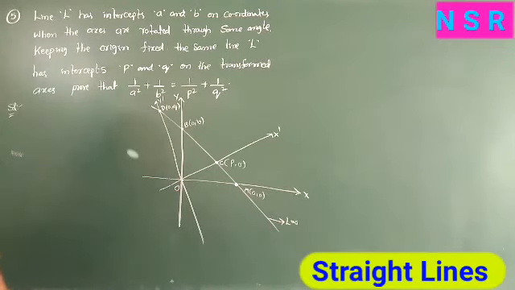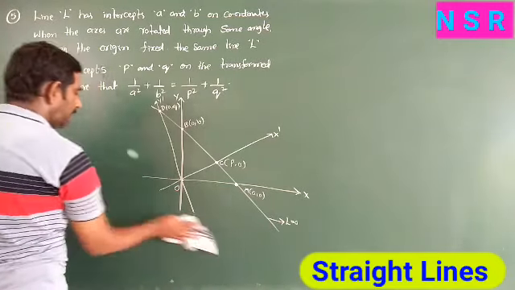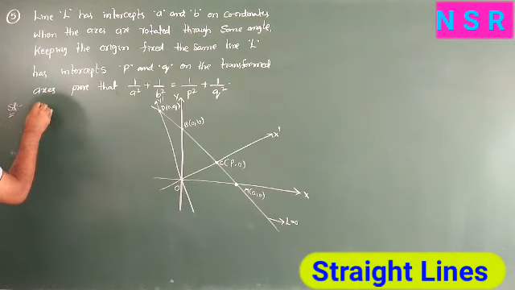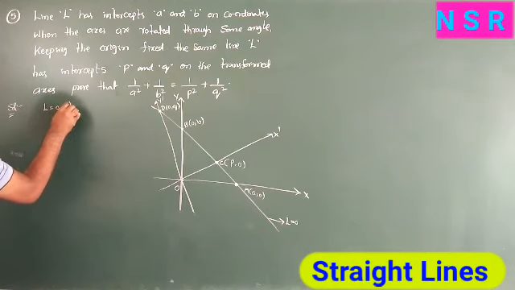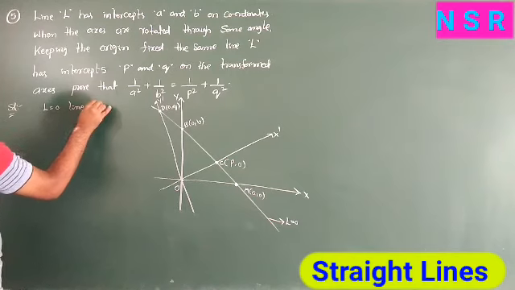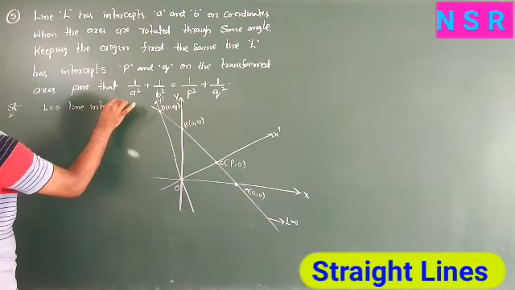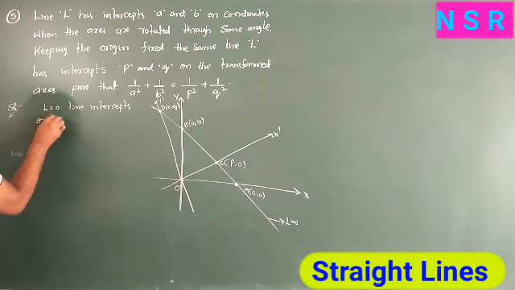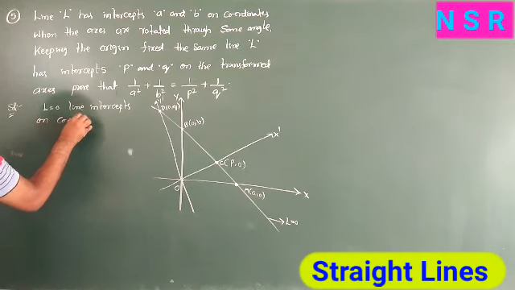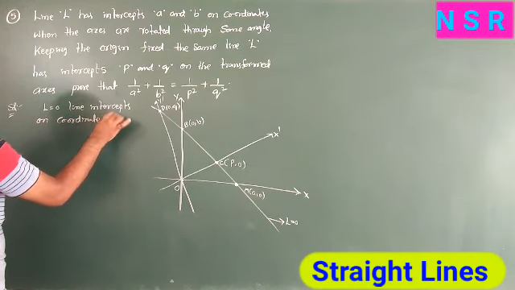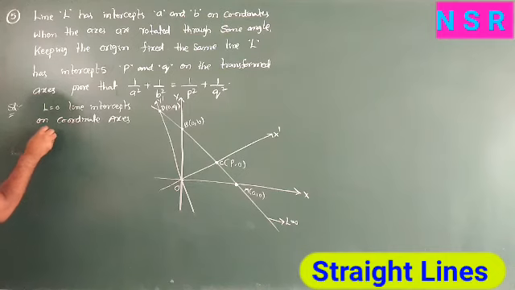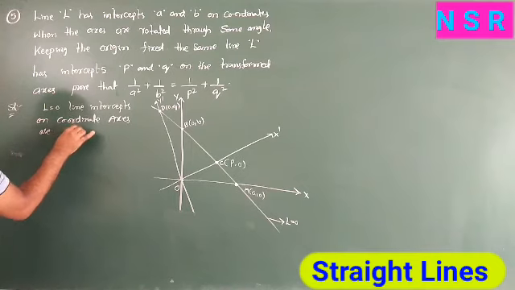So if the line touches the x axis and y axis, the intercept form is x by a plus y by b equal to 1. So the L equal to 0 line has intercepts on the coordinate axes, meaning both x and y axes, a comma b.